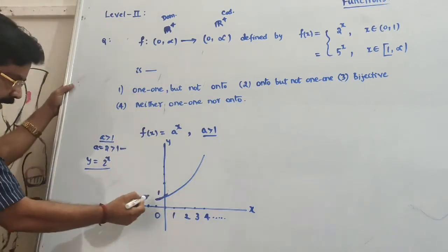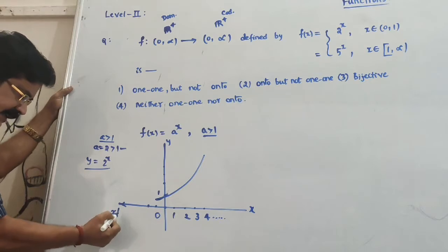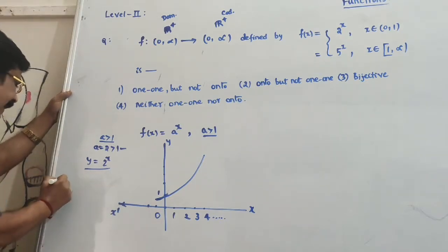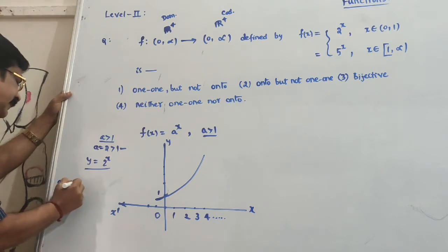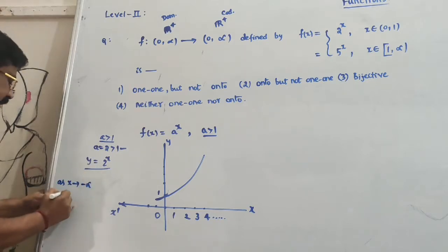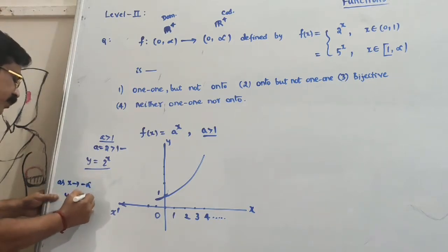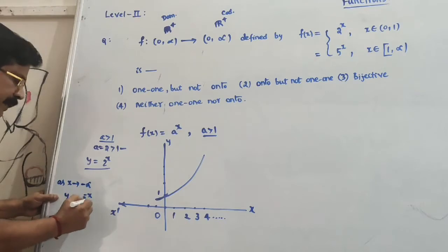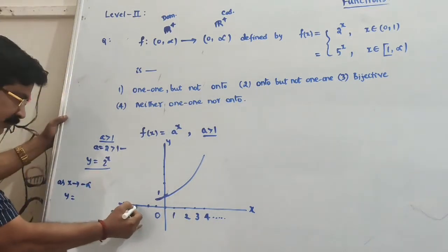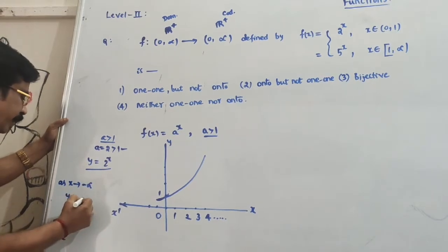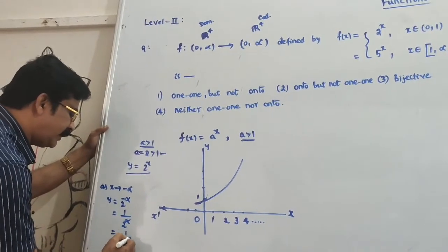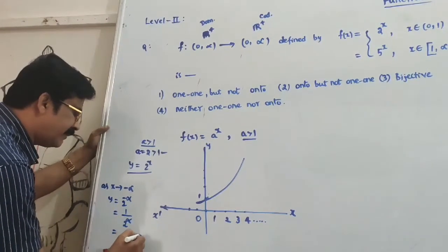Next, this is x dash. X dash means the negative x-axis. On the negative x-axis, as x tends to minus infinity, y is equal to 2 power minus infinity, which is 1 by 2 power infinity. 1 by 2 power infinity means 1 by infinity, which is 0.